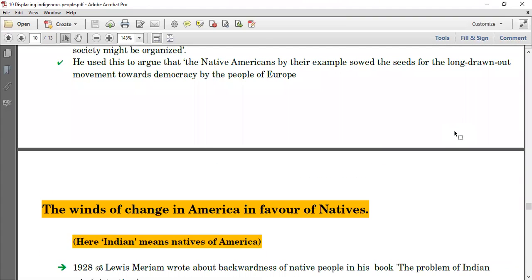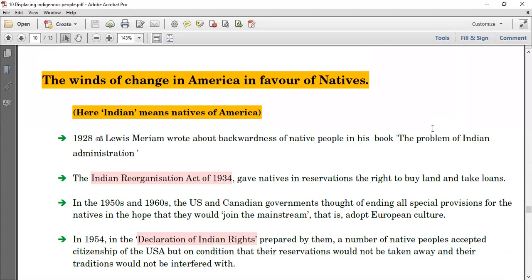He used this to argue that the Native Americans set an example. They sowed the seeds for the long drawn out movement towards democracy by the people of Europe. So he's trying to tell that they were the ones who set the example.